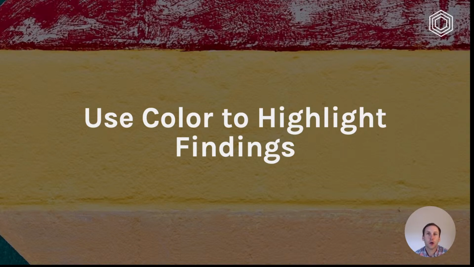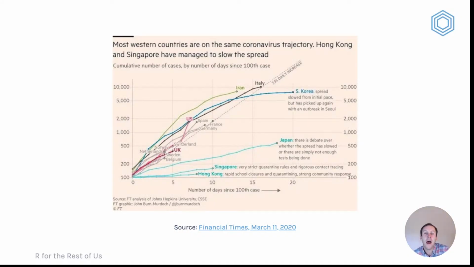The next thing we're going to do to improve our plot is we're going to use color to highlight findings. Taking a look back at this plot from the Financial Times, look at how John Burn-Murdoch uses color in a really effective way. He, first of all, doesn't highlight every single line, right?